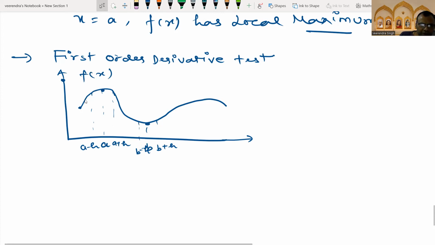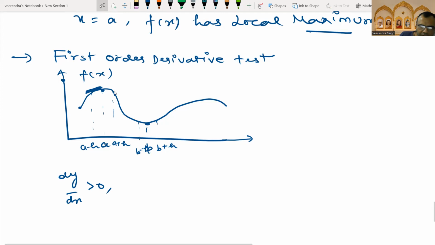If we are moving from A minus h to A, we can see that the values of the function are increasing. So the slope is positive in this region, dy by dx is greater than 0.